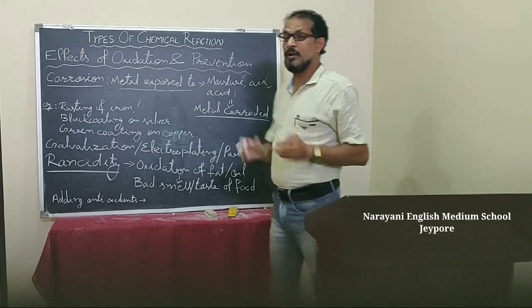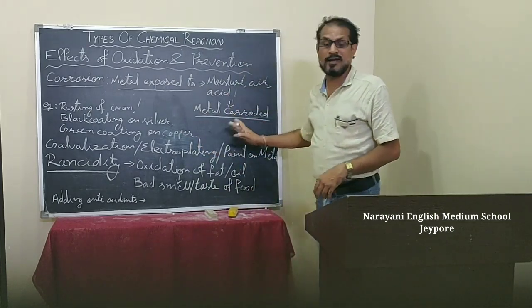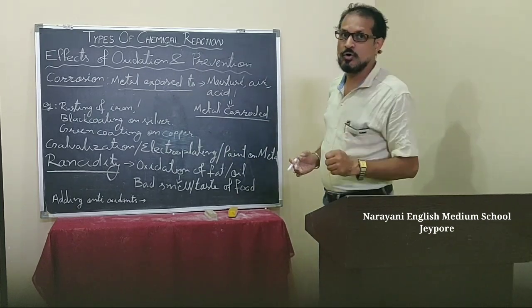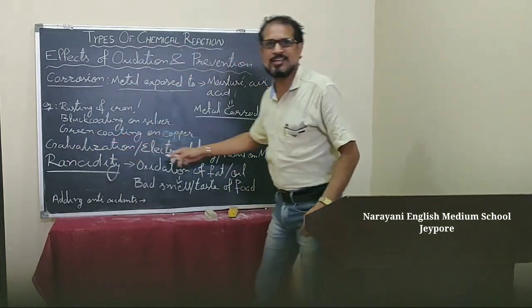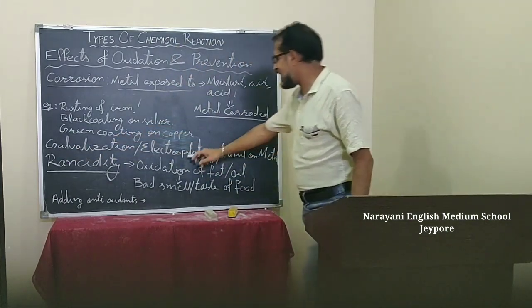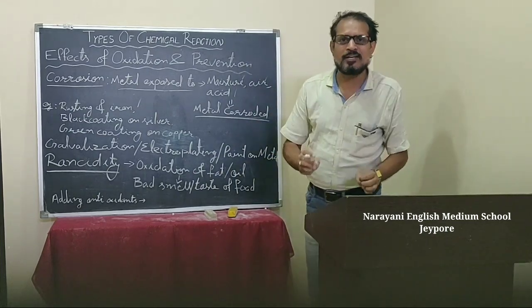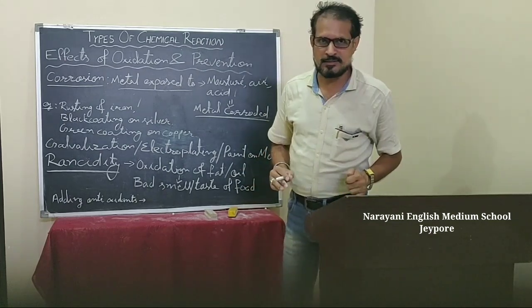Now, how will we get out of this? Because we couldn't just leave our metals, our belongings, like that. So, to prevent them, we have methods: galvanization and electroplating. In simple manner, what we could say is that we have to coat our metals.